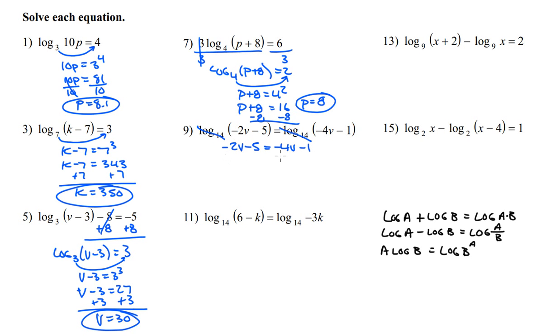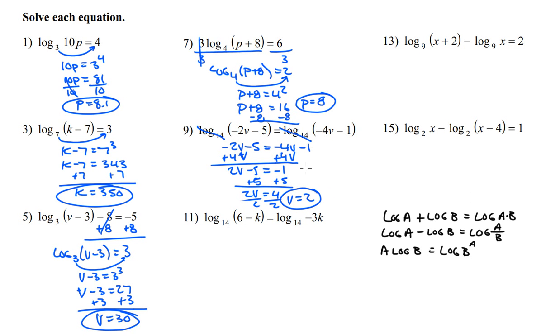So I'm going to add 4v to both sides so that I get my positive v here. So we get 2v minus 5 equals negative 1. Add 5 to both sides. 2v equals 4. Divide both sides by 2, and we get that v equals 2.